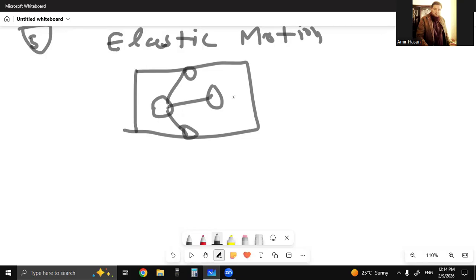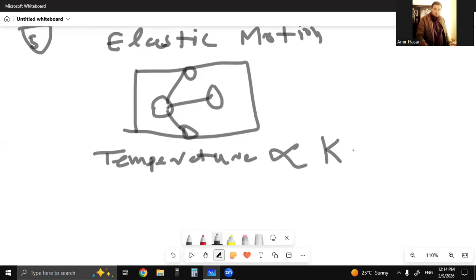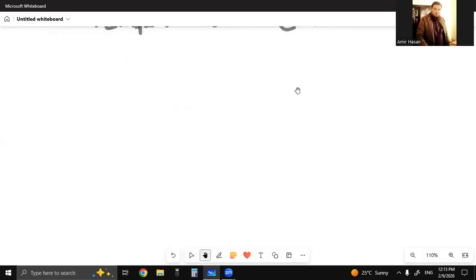And temperature is directly proportional to the kinetic energy of the molecules. When we increase the temperature, the kinetic energy of the molecules increases. These are the concepts relating to the kinetic molecular theory of gases.